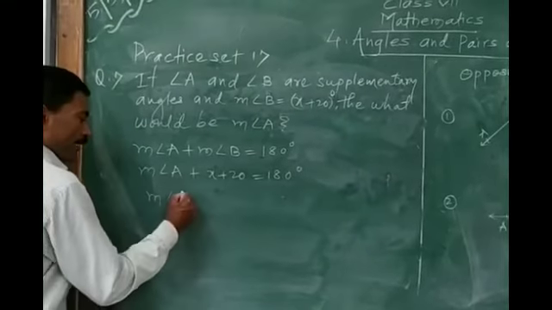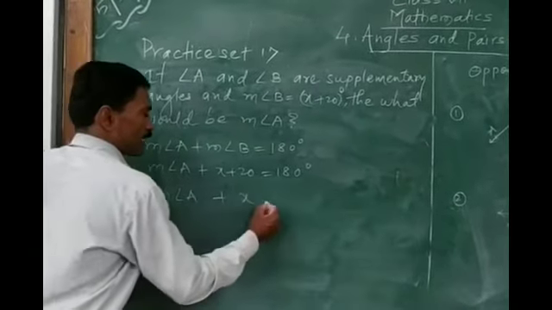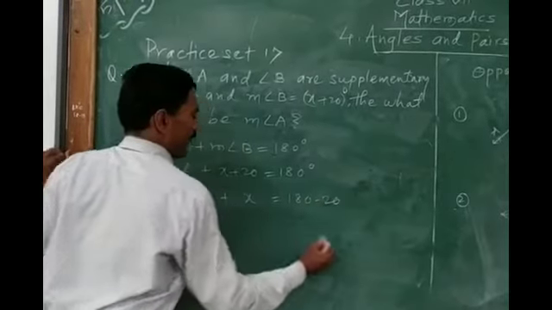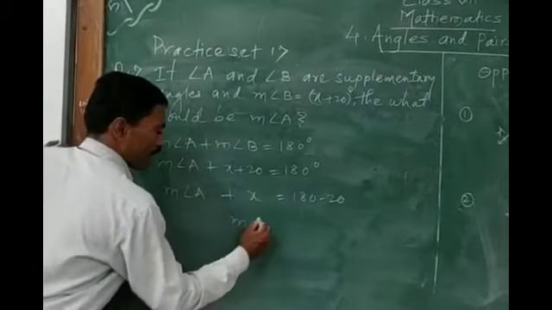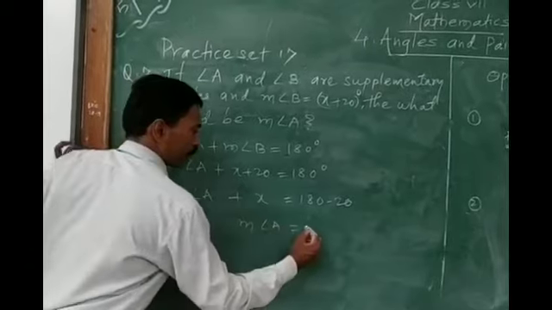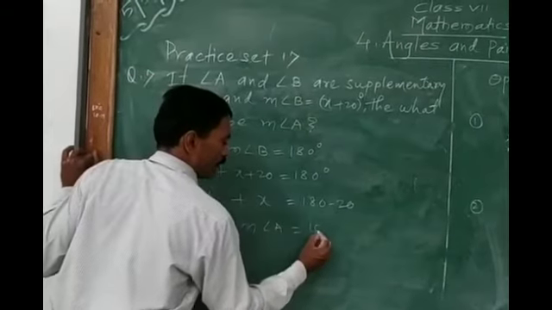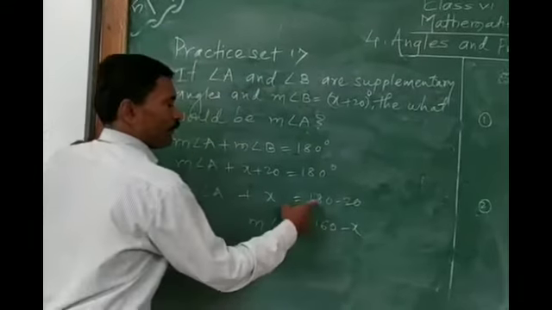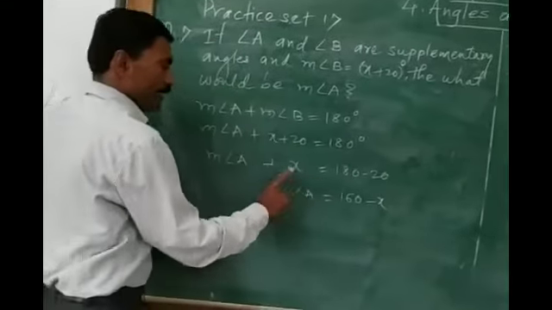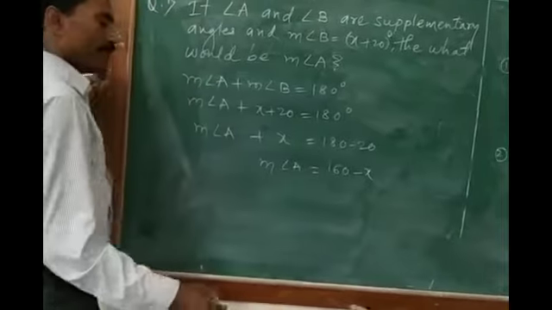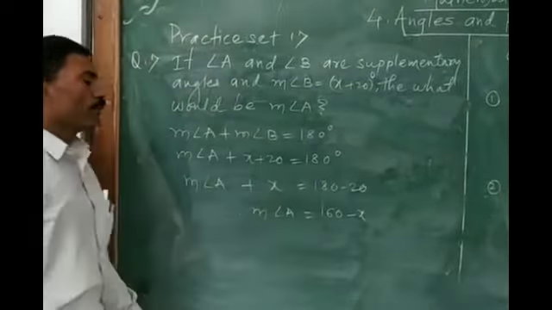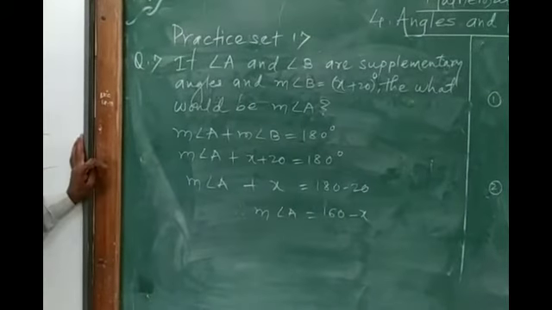Measure of angle A plus x is equal to 180 minus 20. Measure of angle A is equal to 160 minus x. Therefore, measure of angle A is 160 minus x.